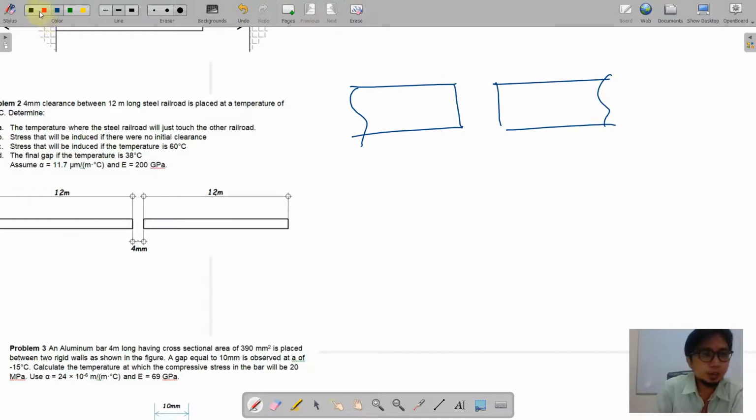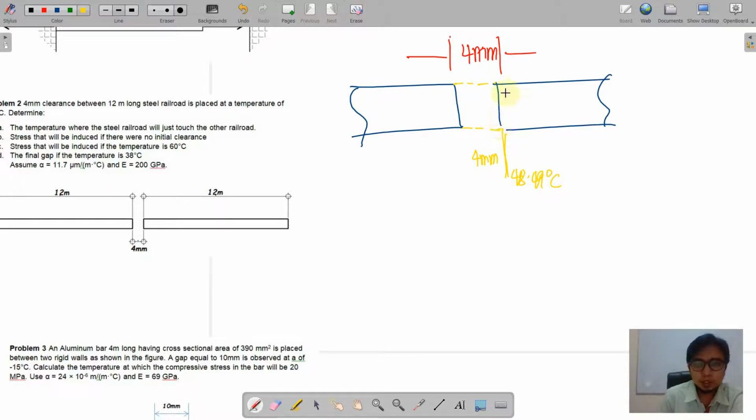So initially we have a 4 mm clearance here. Okay. So we have already computed na yung temperature just touching these other railings is 4 mm at temperature of 48.49 degrees Celsius.